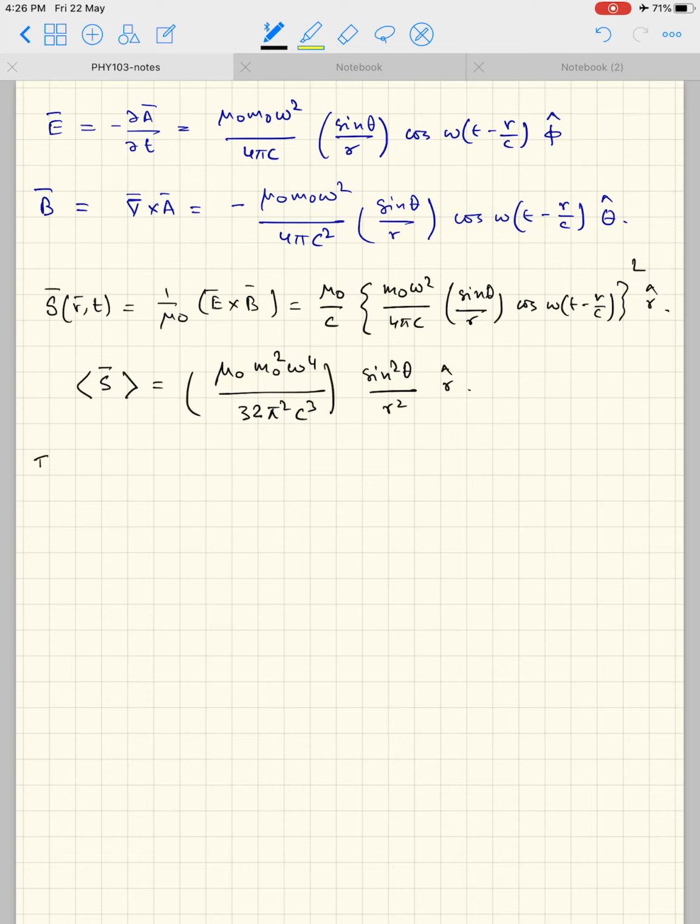And the total power radiated is P, which is equal to mu naught m naught squared omega to the 4 by 12 pi c cubed. Now notice that again the power radiated goes as omega to the 4.